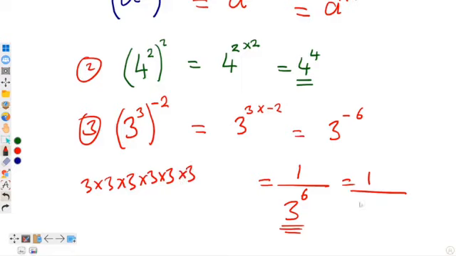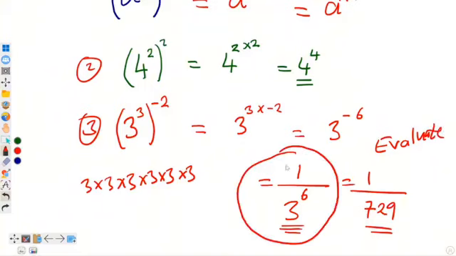You are going to get 729. So this will be 1 over 729. But if they just say simplify, you just simplify your answer to this stage only.